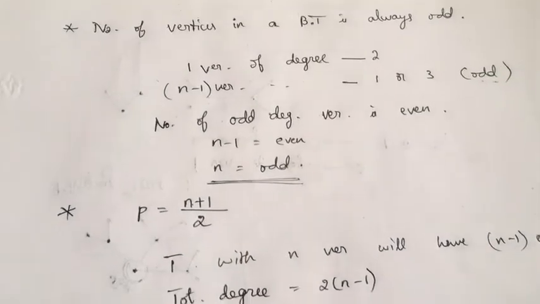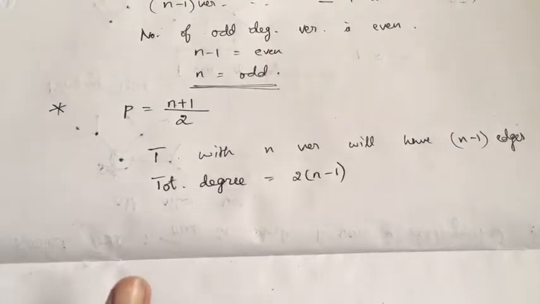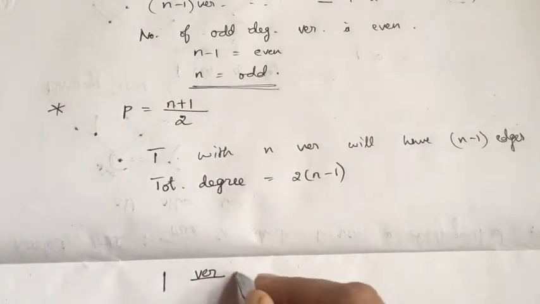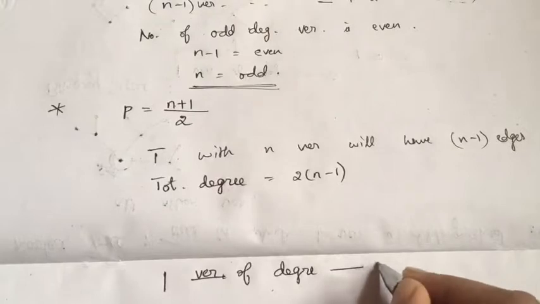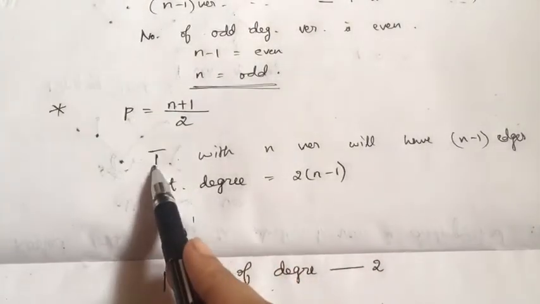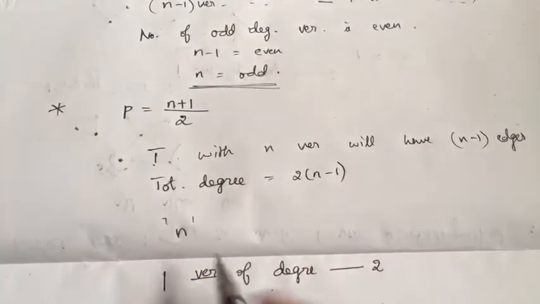So the total degree of T is 2 into the number of edges, 2 into n minus 1, right? Now T has got n vertices. Among these n vertices of a tree T, one vertex is of degree 2. I have got p pendant vertices.